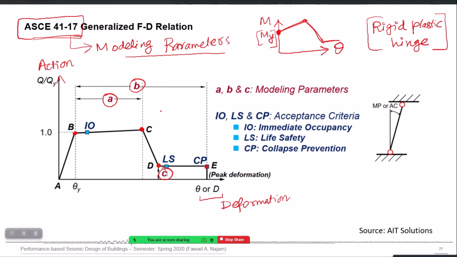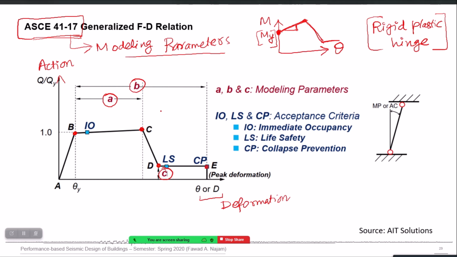Rigid manner means that in the linear range of response of that beam, it will simply act as a rigid component. It will not incorporate any of the stiffness in the model, and the model will simply follow a linear default behavior. But once the moment increases beyond the yield point, suddenly it will activate, and then instead of the linear slope, it will follow the plastic behavior, or whatever post-yield stiffness we give.